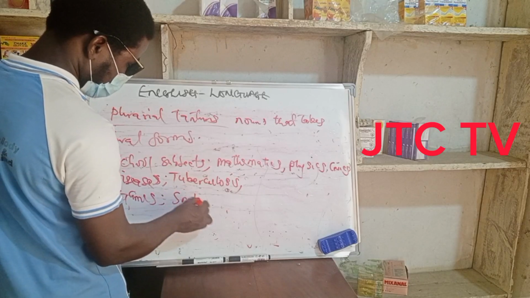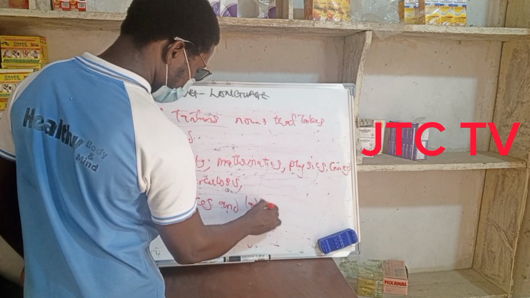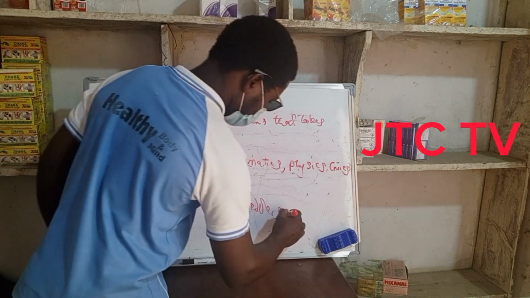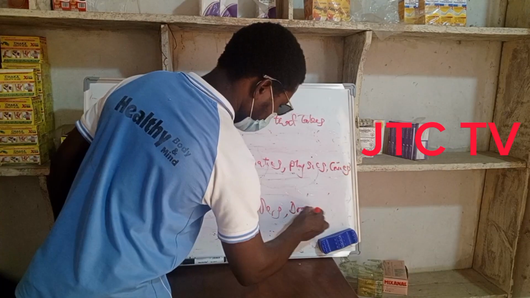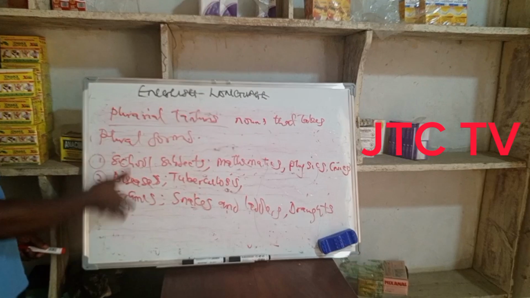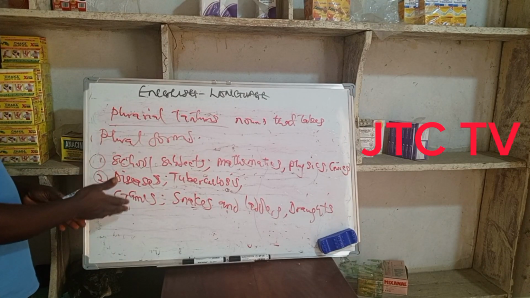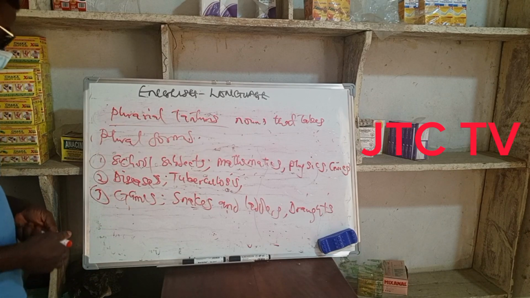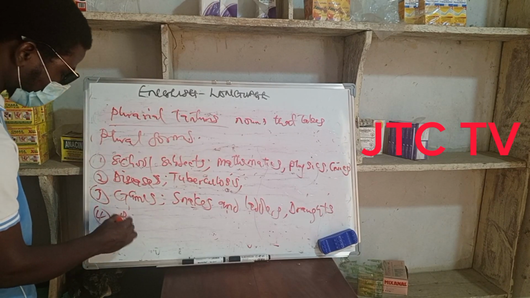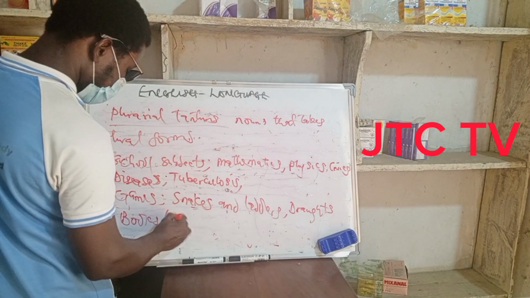Like the snakes and ladders games, and draughts. These are nouns that end with X. They take the plural forms. And lastly, books or magazines.